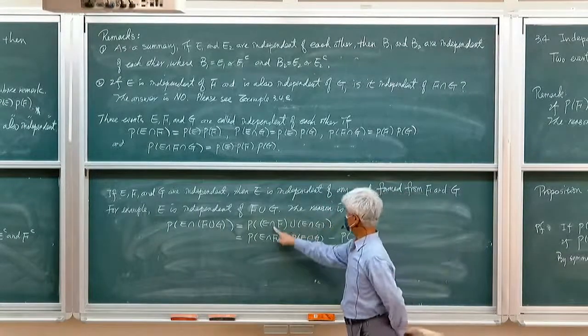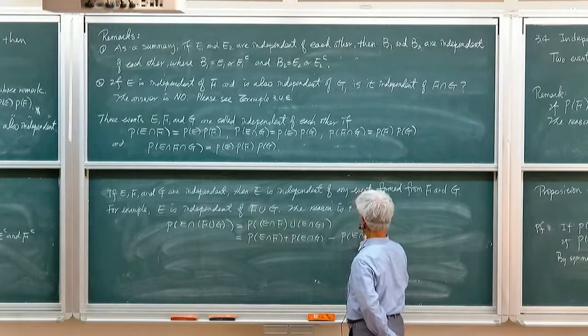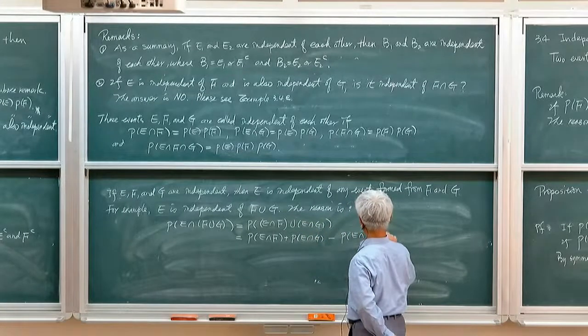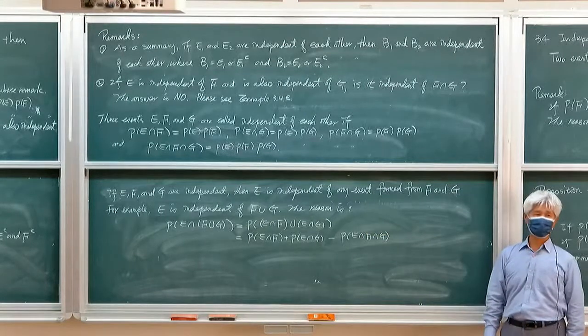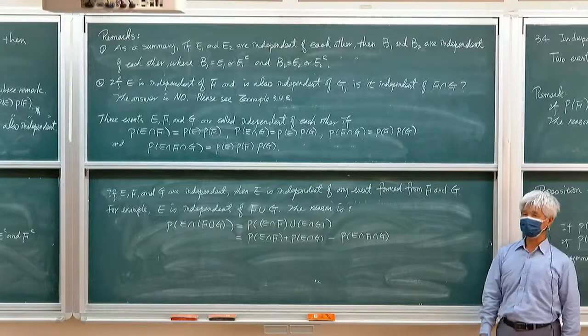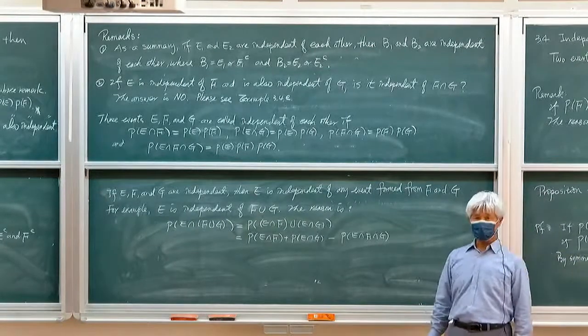But the intersection of these two is E intersects F intersects G. Okay, so this is from the inclusion-exclusion formula.